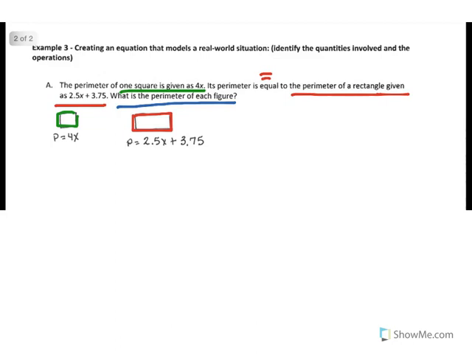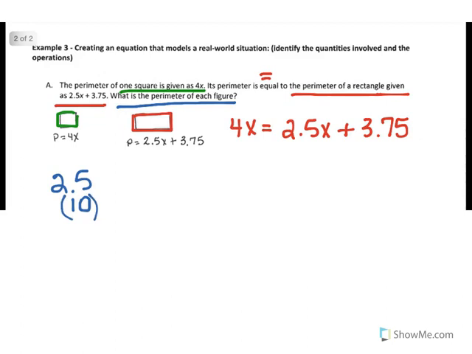I'm going to rewrite my problem, and I have 4x is equal to 2.5 times x plus 3.75. I have decimals, and I want to change my decimals to whole numbers. I have 2.5, which has one number behind the decimal, which means it's times 10.